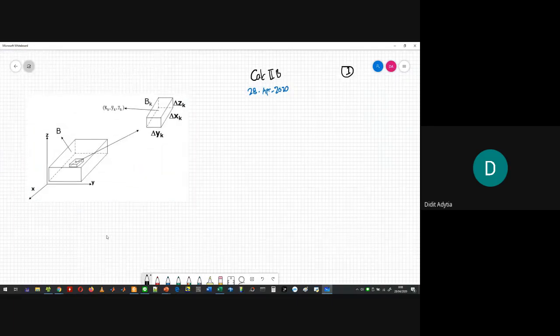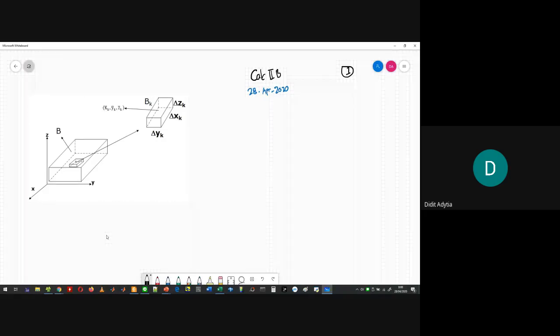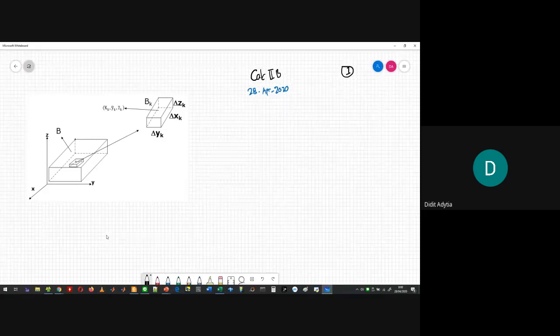Okay. So we consider a three-dimensional shape. This is like a box. It depends on x and y and z. Okay.